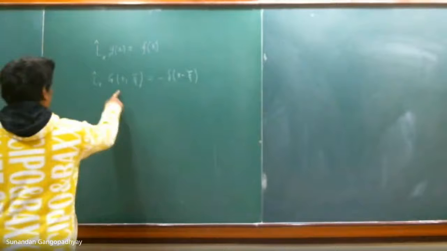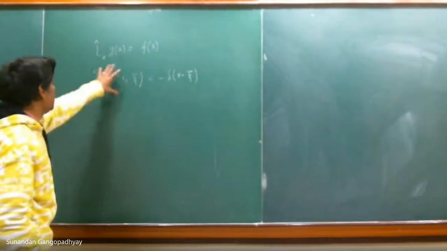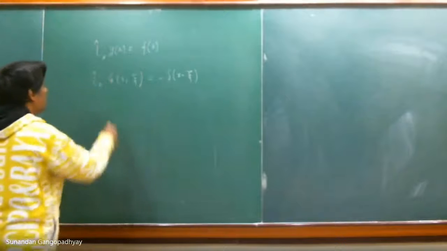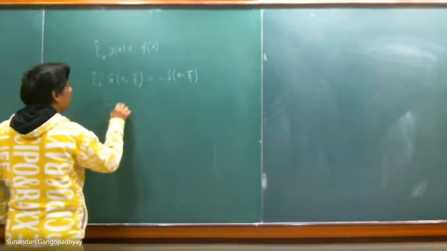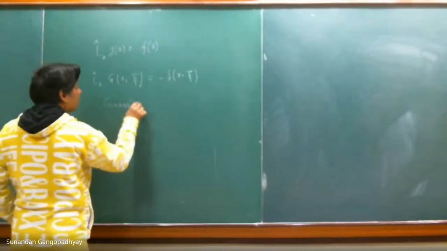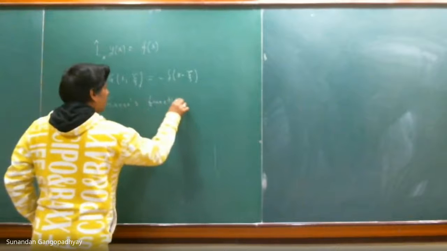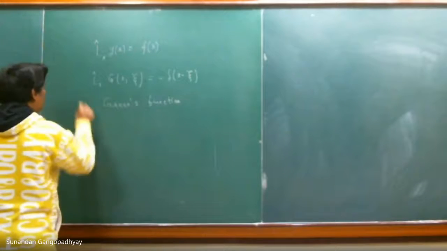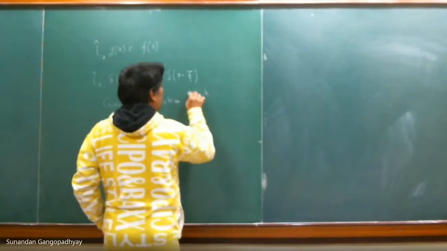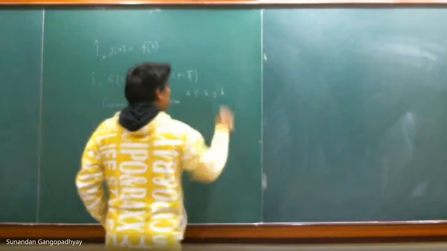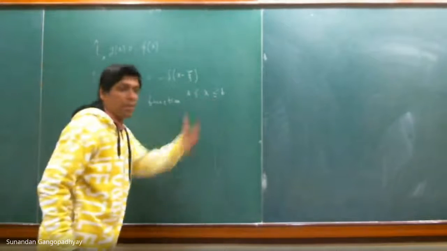So g satisfies this differential equation, and this function is called the Green's function. And let me also write down that x lies in the closed interval AB. So this is our interval of interest, AB.